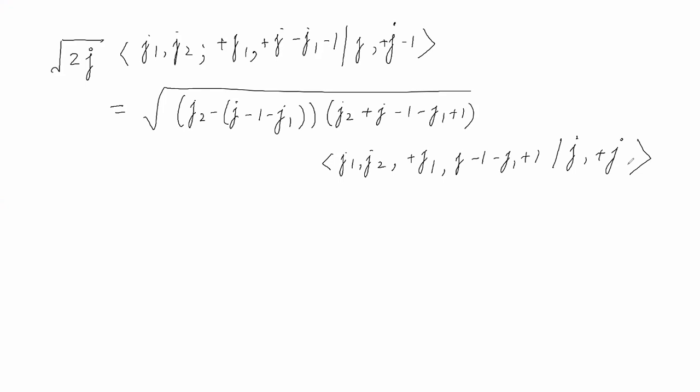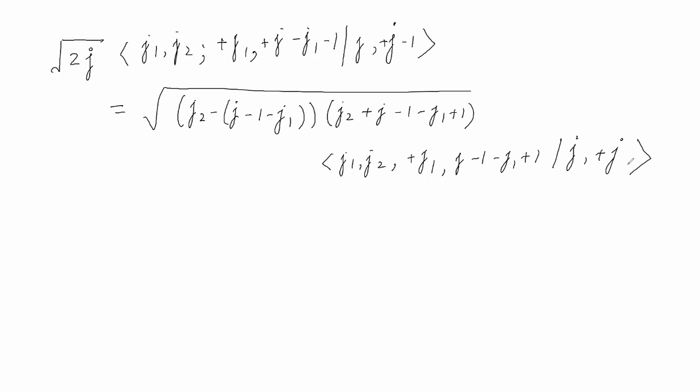The second term will vanish. Because the first term is j1 minus m1, and when you put m1 equal to plus j1, the first term will cancel out and you will be left with only the second term.